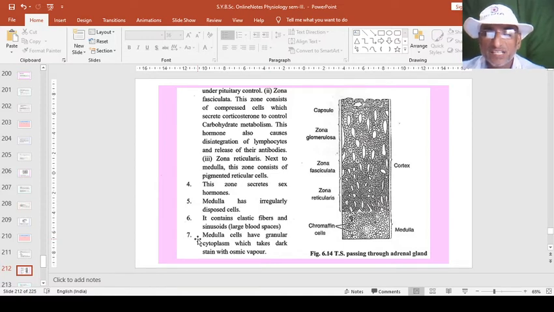Medulla cells have granular cytoplasm which takes dark stain with osmic vapor. So this is the structure of adrenal gland, and transverse section shows the cellular arrangements and these spaces, and this is the capsule, cortex and medulla.